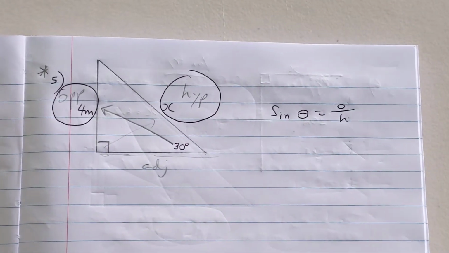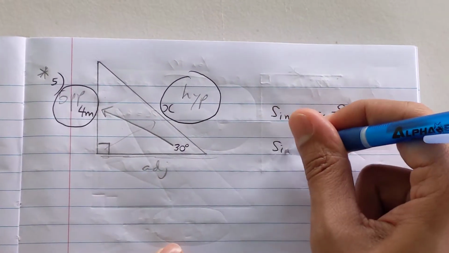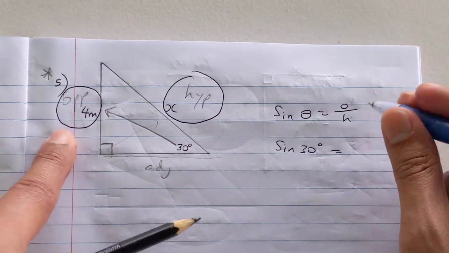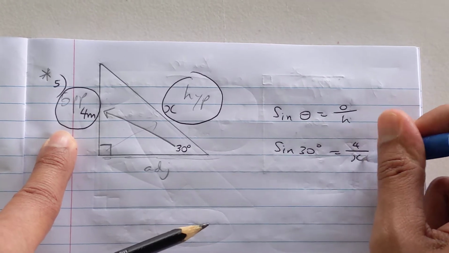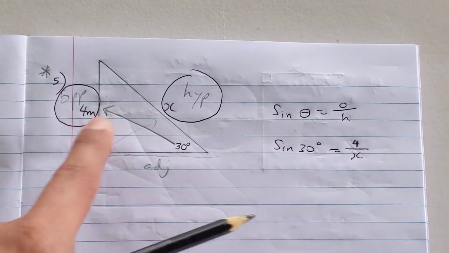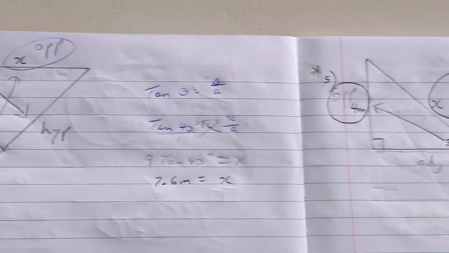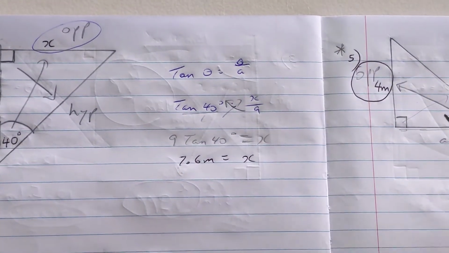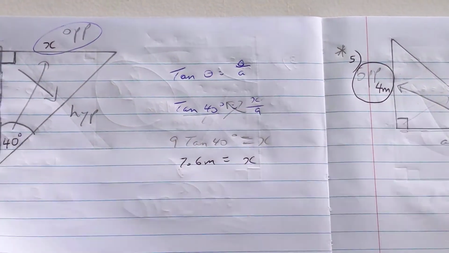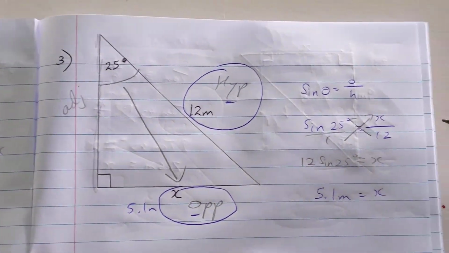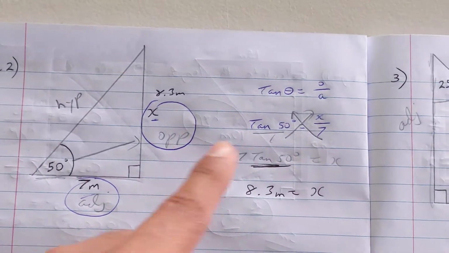And now we substitute. The angle is 30 degrees, the opposite is 4, and the hypotenuse is x. So even though it might look the same, for the first time today x is now on the bottom. In all the questions we looked at so far, x was on the top.